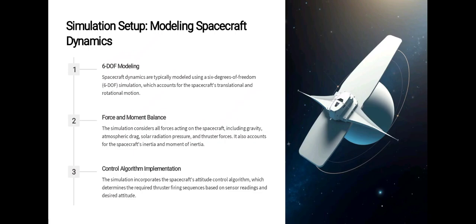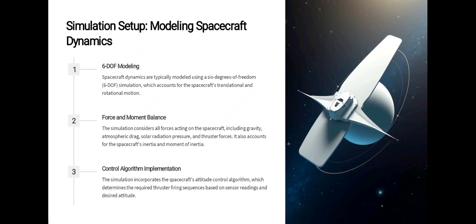Simulation setup. Modeling spacecraft dynamics. Spacecraft dynamics are typically modeled using a 6 degree of freedom, 6 DOF, simulation, which accounts for the spacecraft translational and rotational motion, force and moment balance.